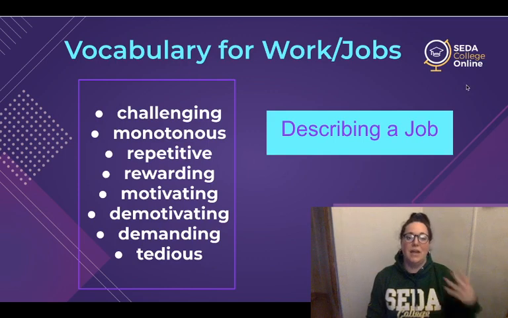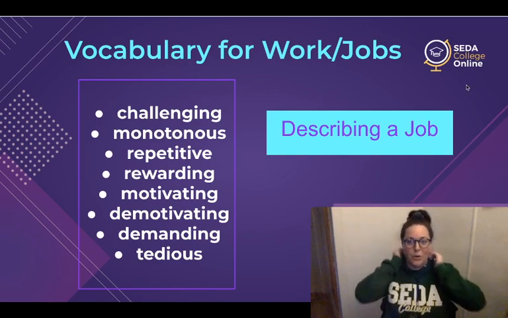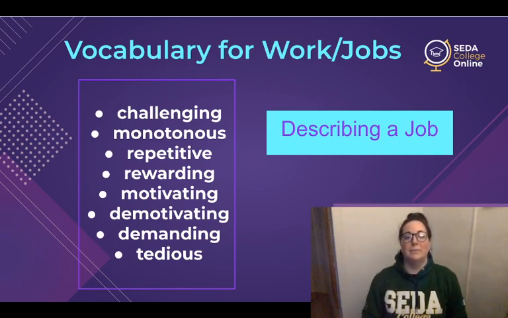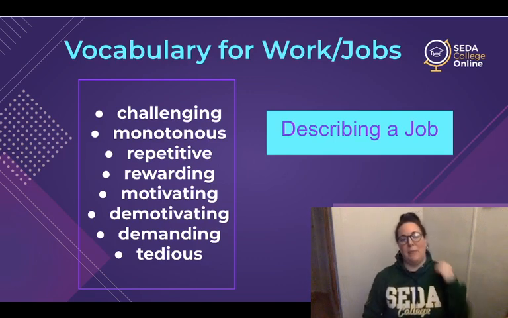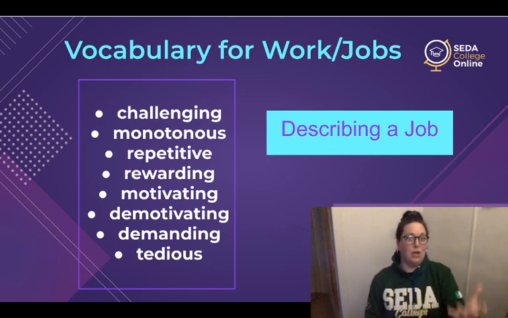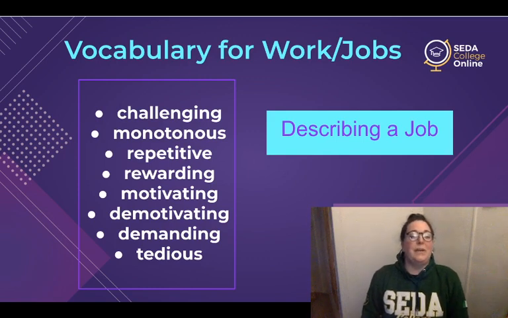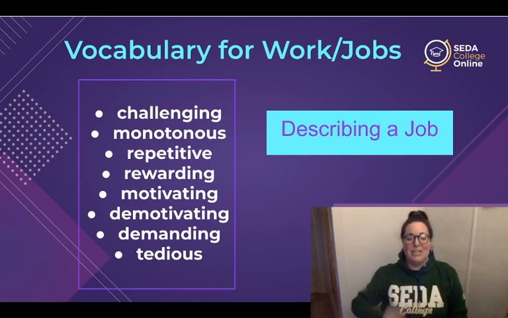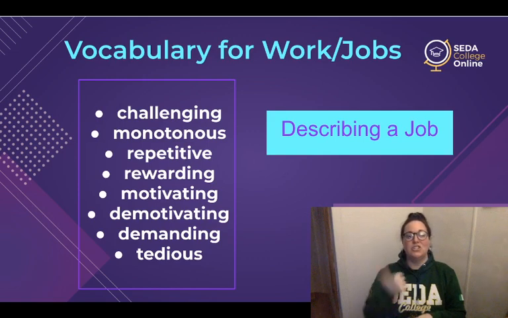All right, so now we have vocabulary for work or jobs. I just wanted to give you guys some basic vocabulary on how to describe your job. So these are adjectives that we're using to describe a noun, the job. The first word we have here is challenging.